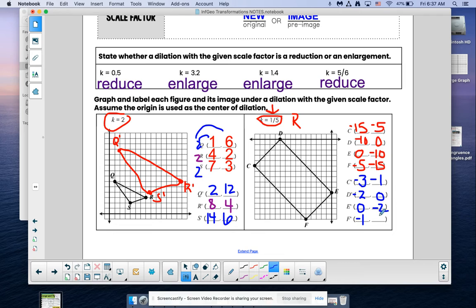And negative 15 divided by 5 is negative 3. So now we can graph these.